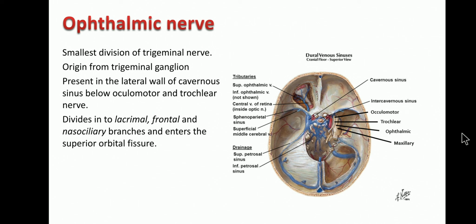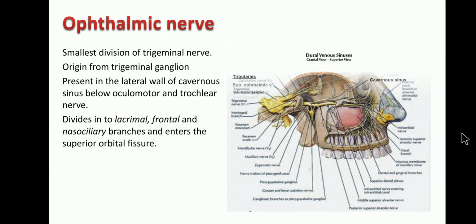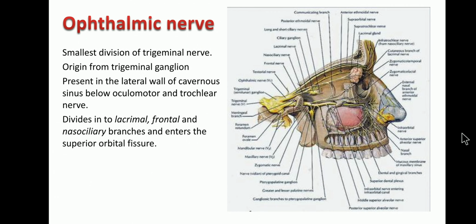Lacrimal and frontal will enter the lateral compartment of the superior orbital fissure, whereas the nasociliary will enter the intermediate compartment. Here you are able to see the lacrimal nerve, the nasociliary and the frontal nerves, all entering via the superior orbital fissure.